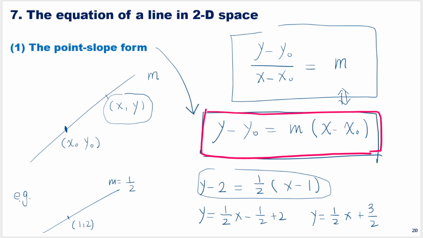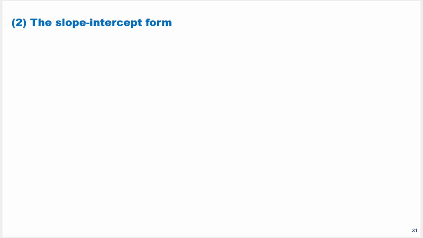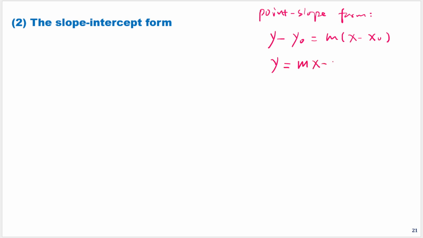Alright, if we have finished, note that the point-slope form is y minus y naught equals m times x minus x naught, right? So if we move y naught to the other side, we have y equals mx minus mx naught plus y naught.